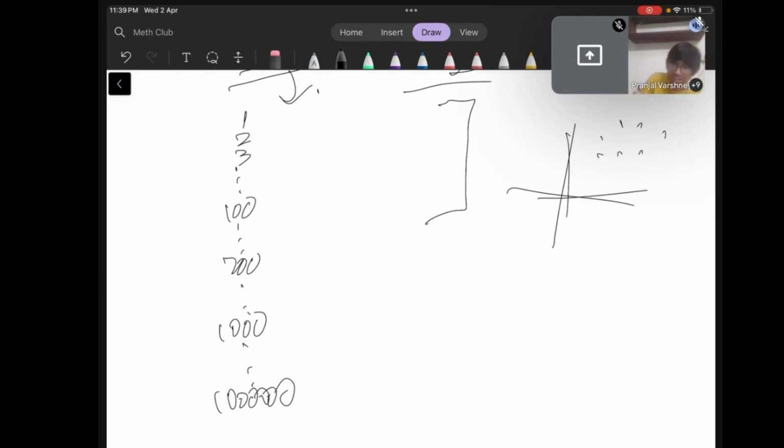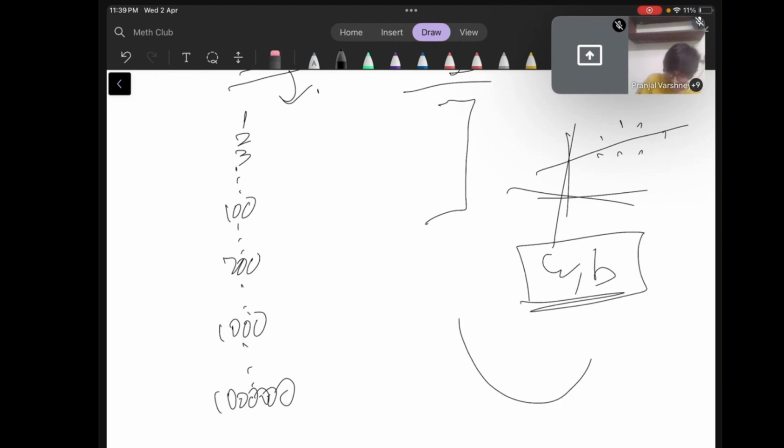Suppose these are my 100. I'll fit a line and I will get some parameters w comma b for this. Then I will take the next batch, 100 to 200, and again fit the model with my new parameters w comma b.